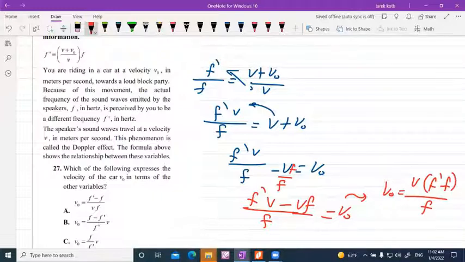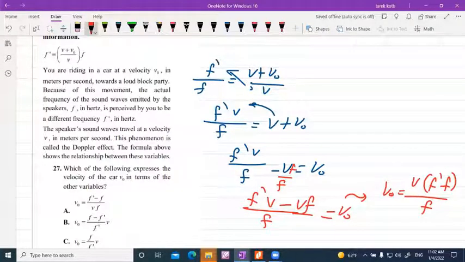Because of this movement, the actual frequency of the sound waves emitted by the speakers, F, in hertz, is perceived by you to be a different frequency, F dash, in hertz.